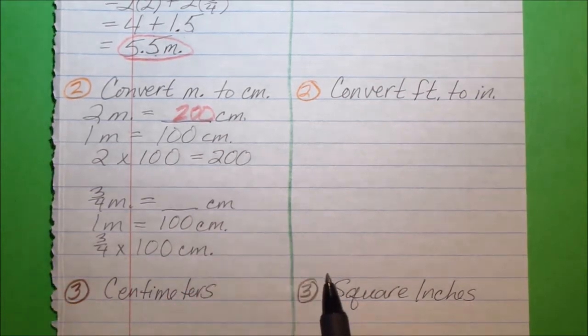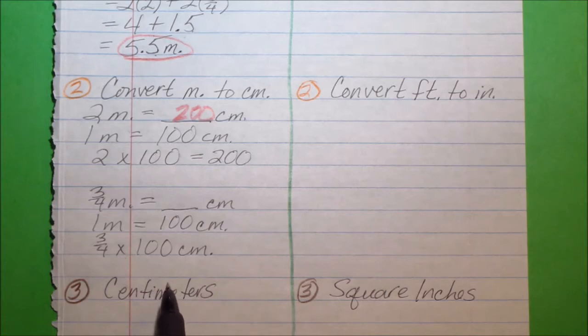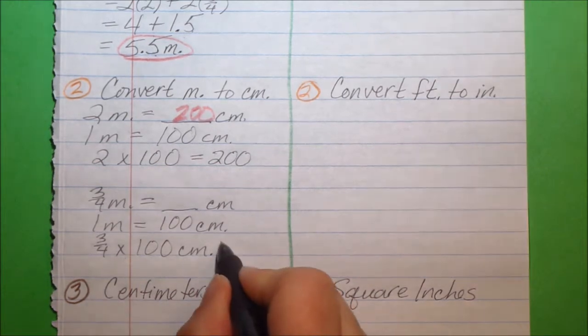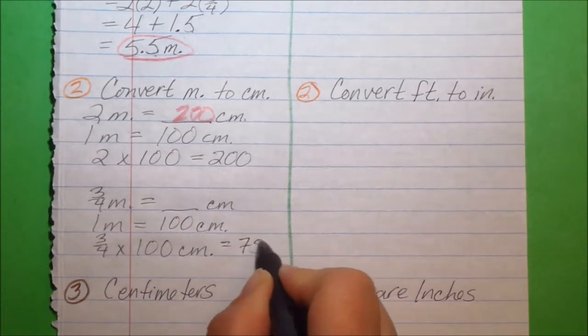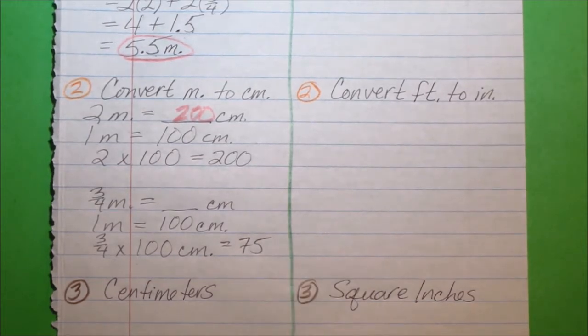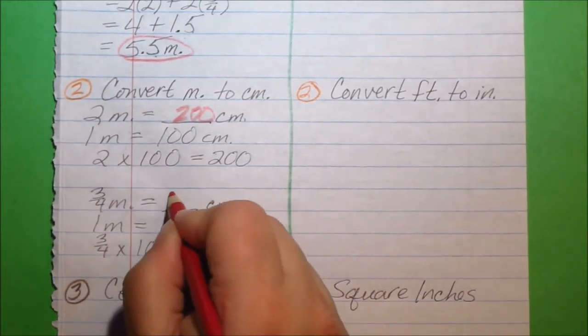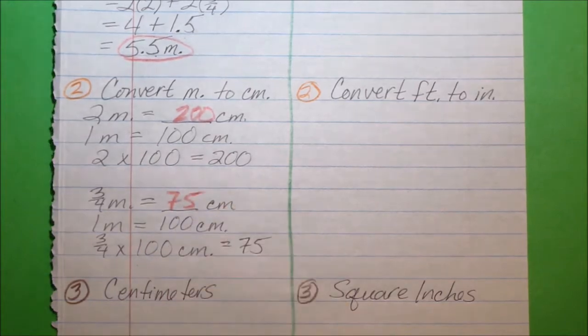Think of this 100 as quarters. If I have $1 and I have 4 quarters, 3/4 of those would be just 3 of those quarters, and that would be 75 cents. So 3/4 of 100 is 75. So 3/4 of a meter equals 75 centimeters.